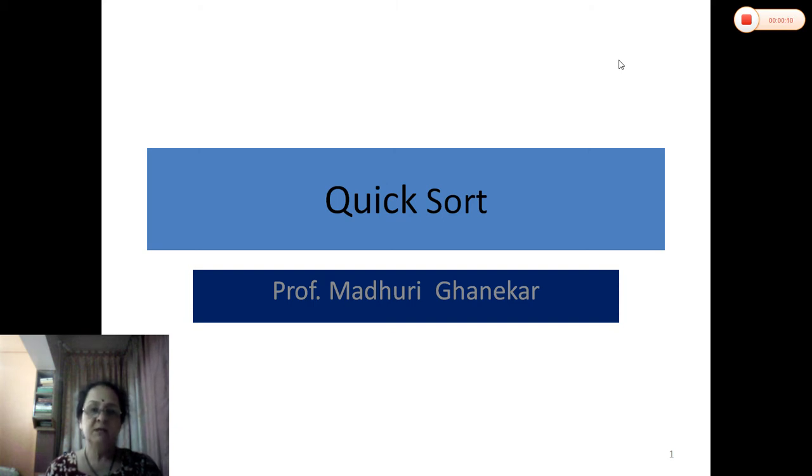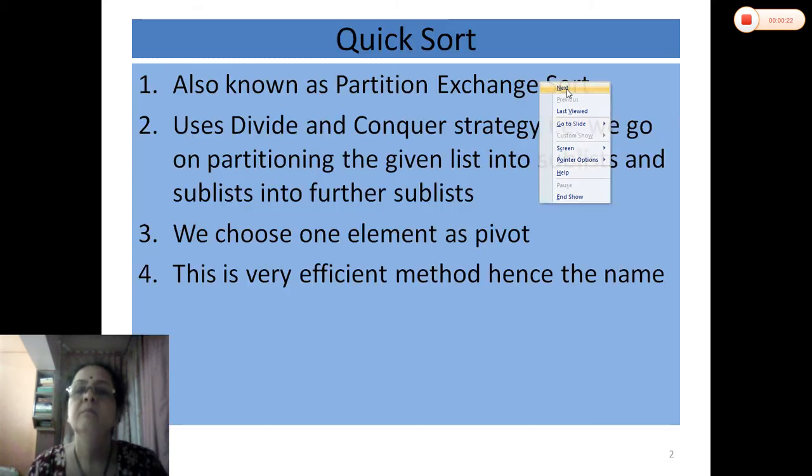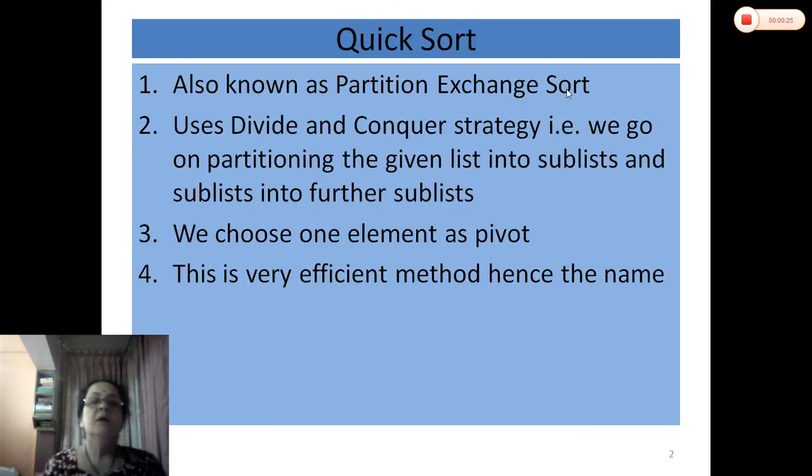Today we will discuss quicksort. Quicksort is also known as partition exchange sort.